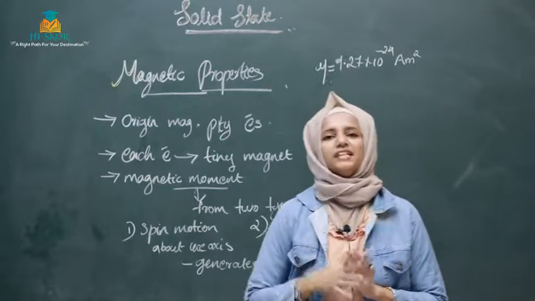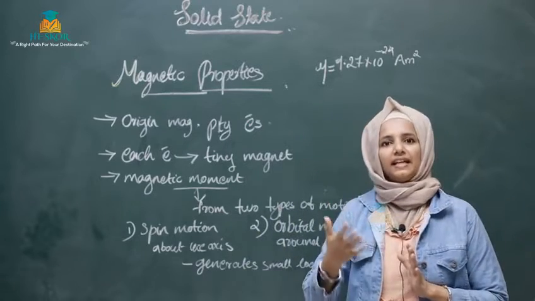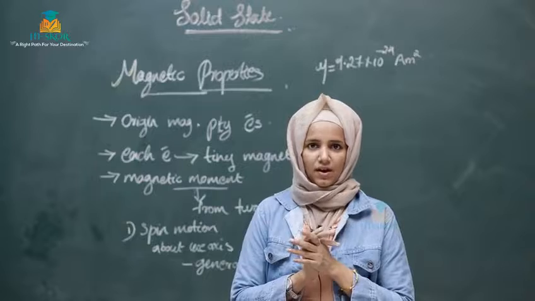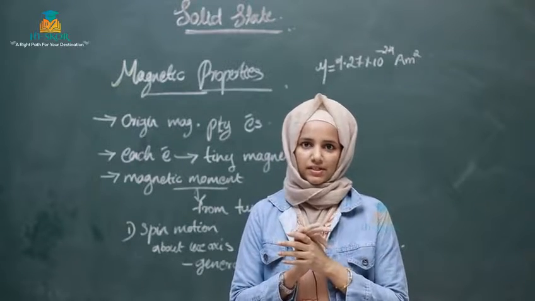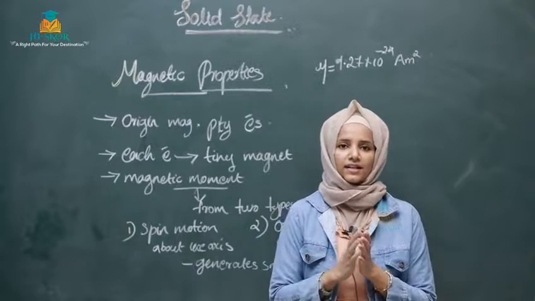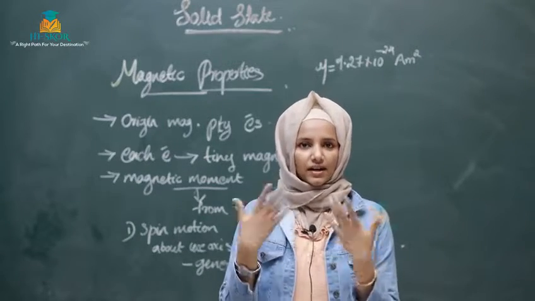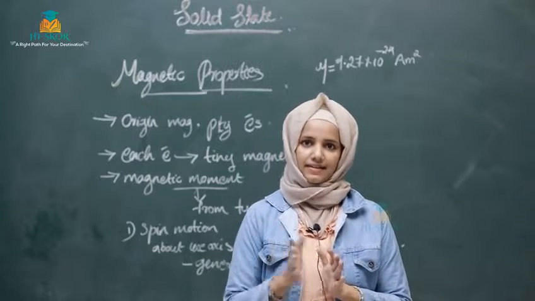So the origin of this magnetic property is electrons. Each electron in a substance behaves like a tiny magnet. Why? Because an electron is a charged species, with a negative charge. If a charged species undergoes any type of motion, it will create a magnetic effect.